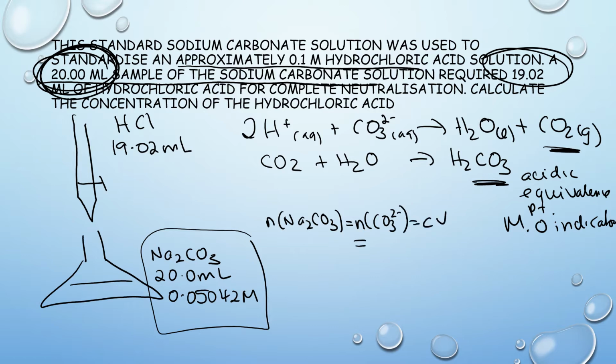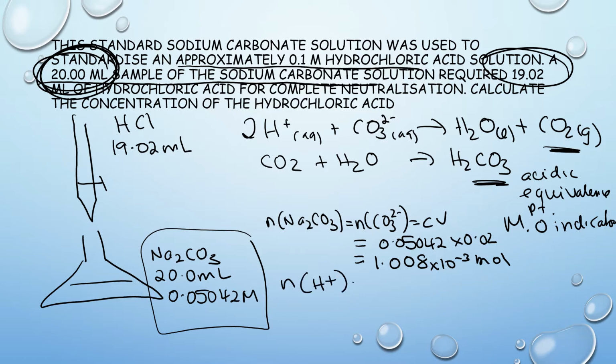So this comes out to 0.05042 times 0.02, which comes out to be 1.008 by 10 to the negative 3 moles. Now, using the equation, we can see that 1 mole of carbonate reacts with 2 moles of hydrogen ions. So, the number of moles of hydrogen ions will be twice as many.